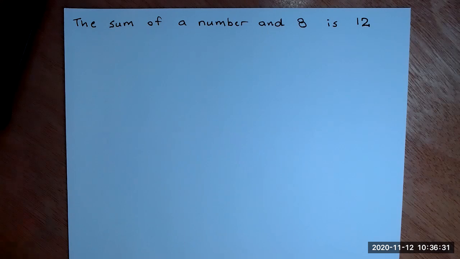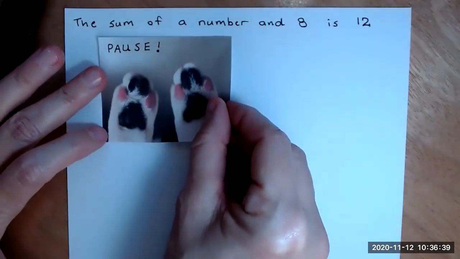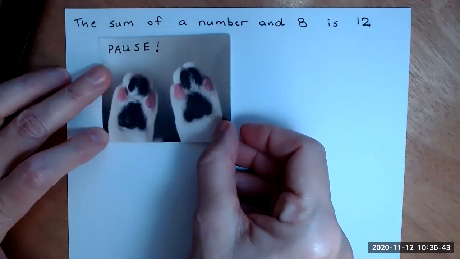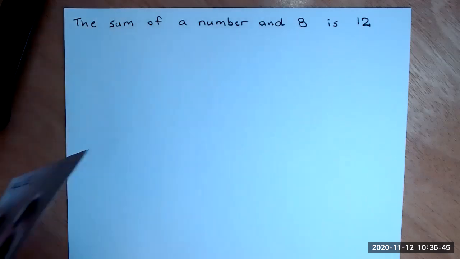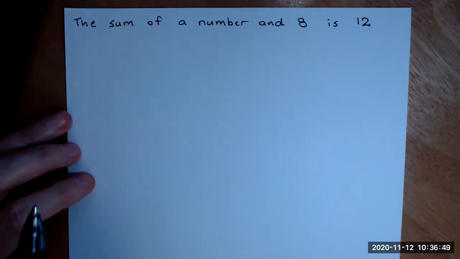All right, let's try writing some equations. And this one's pretty simple. I bet you can do it on your own, so I would recommend hitting the pause button and try it. All right, let's check it.